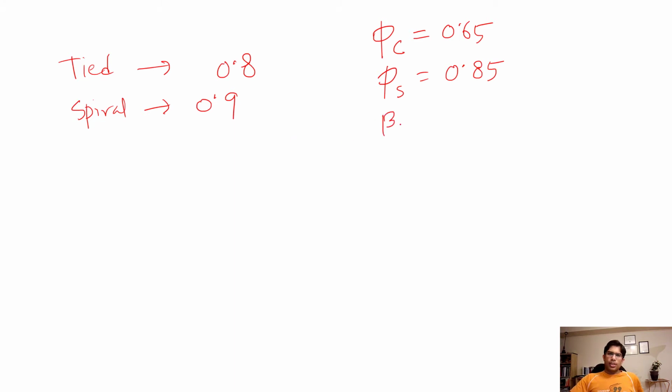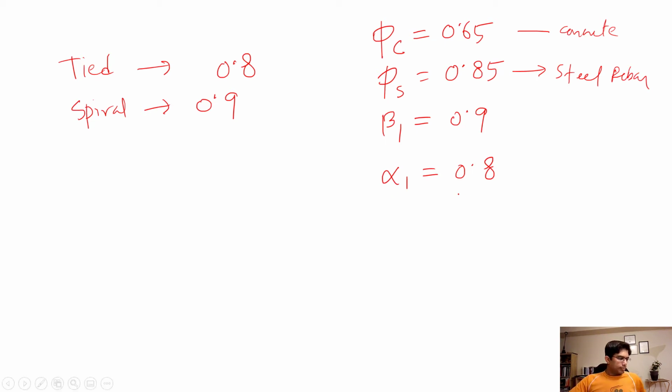We will also need a beta 1 factor occasionally, that is 0.9, and we'll also use the alpha 1 factor, which is 0.8. You need to remember all of these factors.